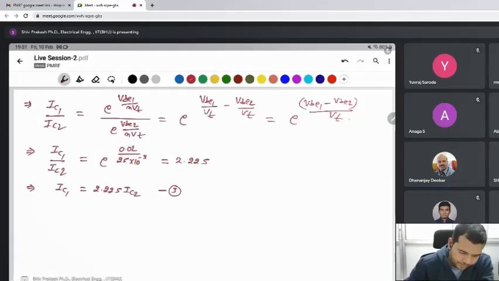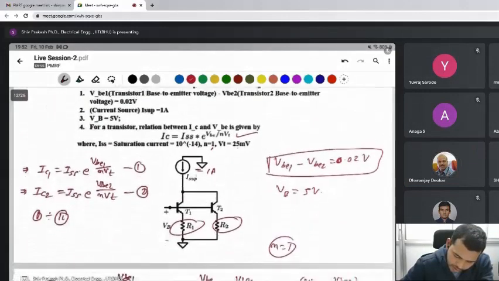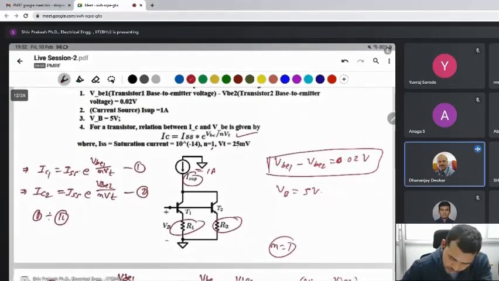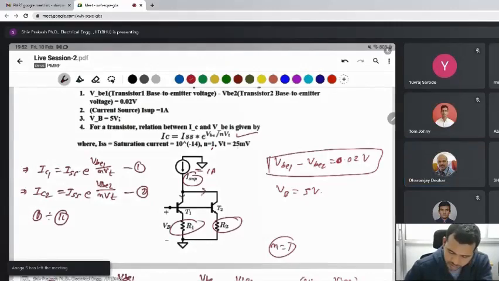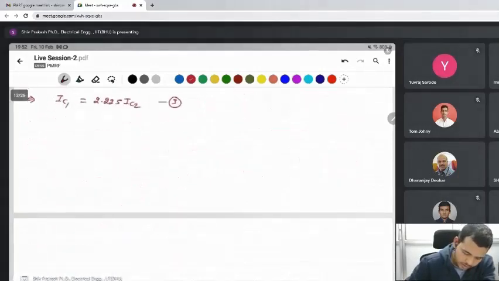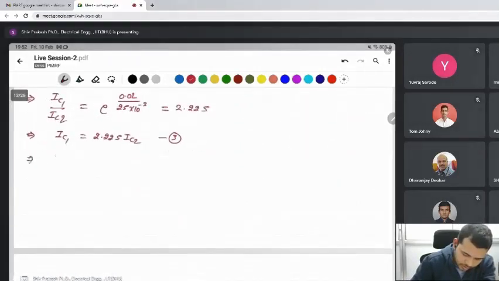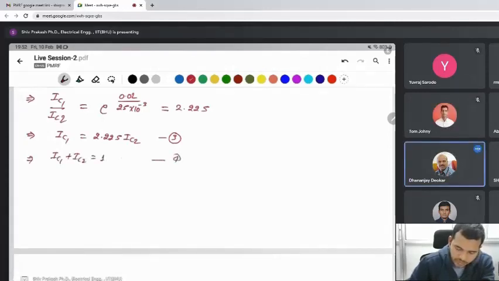Question number three. Here the constant current of 1 ampere is given, which is IC1 plus IC2. IC1 plus IC2 is equal to 1 ampere. You can solve this.